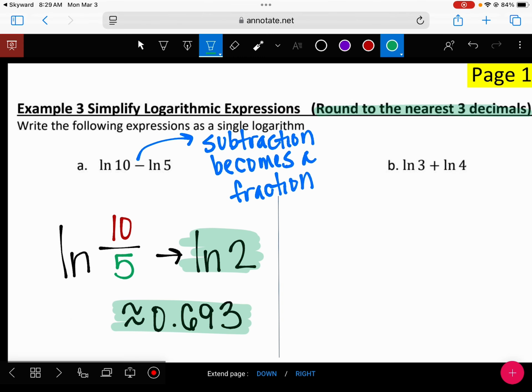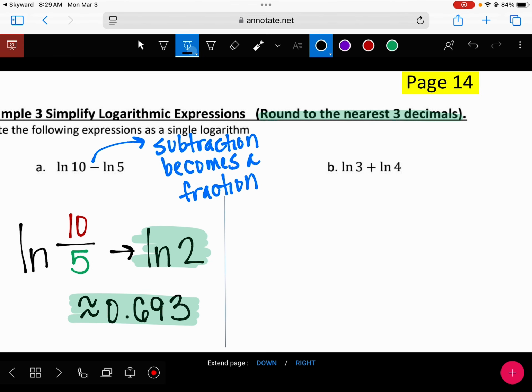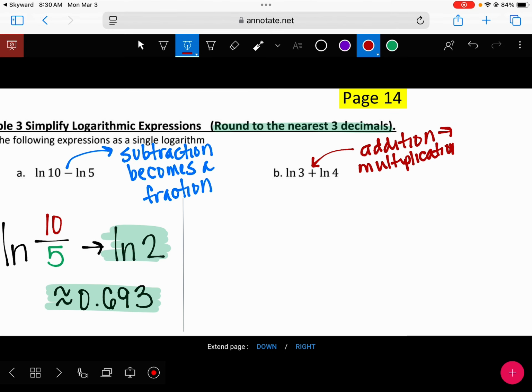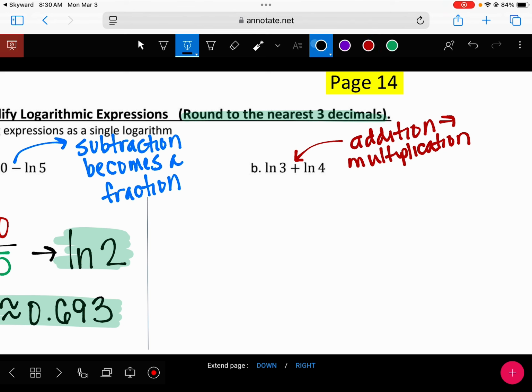All right. What does addition become? Addition becomes multiplication. So this time we're not going to have a fraction. We're going to actually multiply. So I'm going to multiply, and that's going to give me the natural log of 3 times 4.